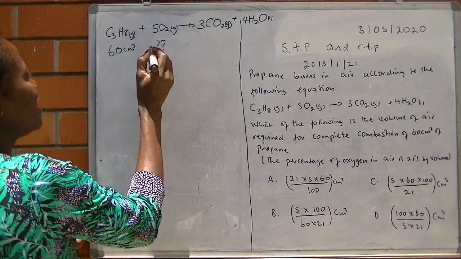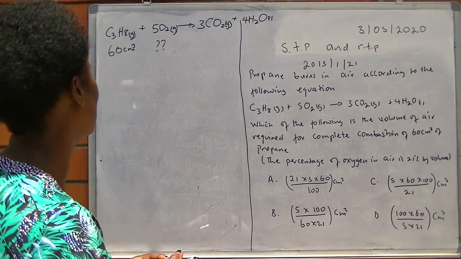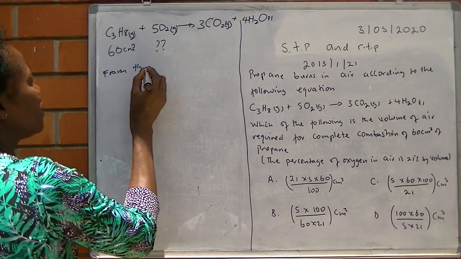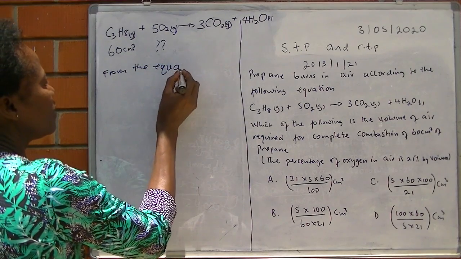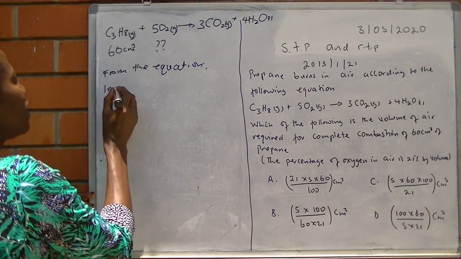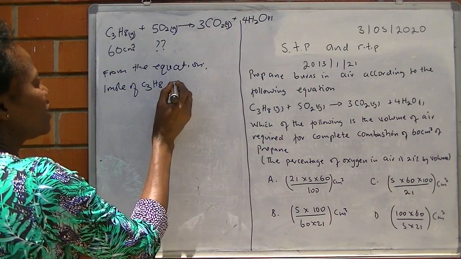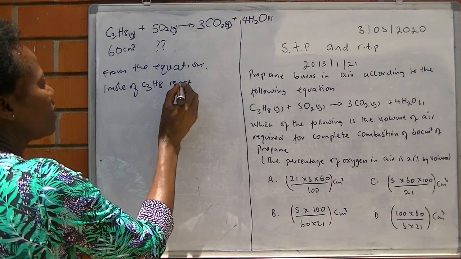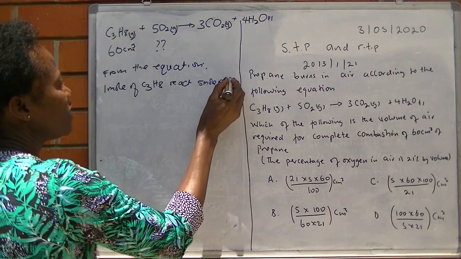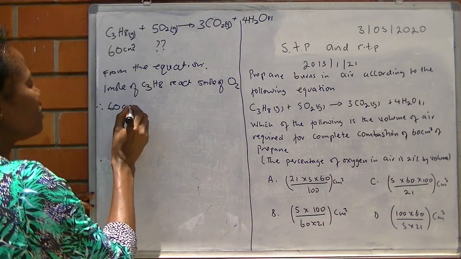We are interested in the volume of oxygen used for complete combustion. So from the equation, one mole of propane reacted with 5 moles of oxygen. What about 60 cubic centimeters?